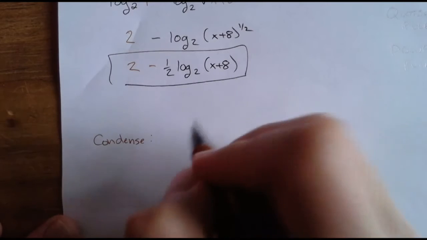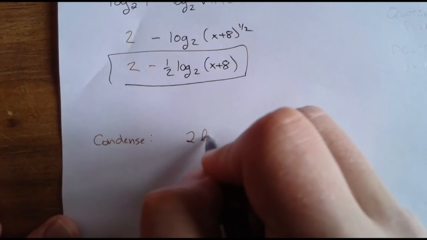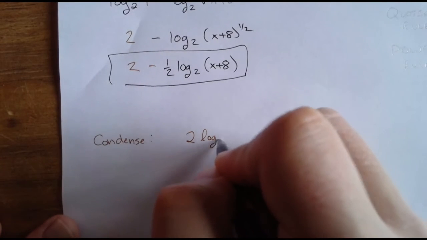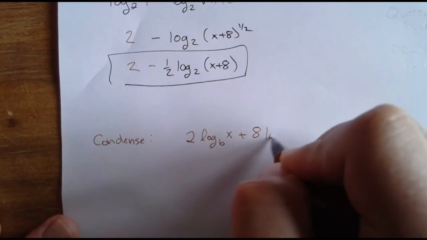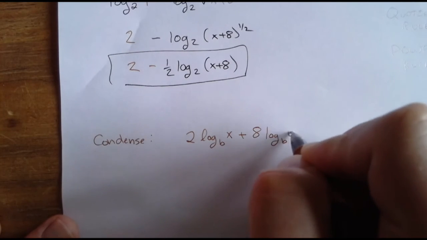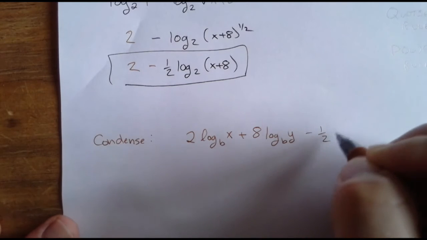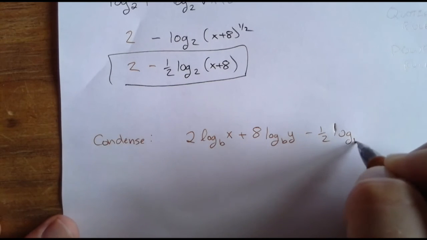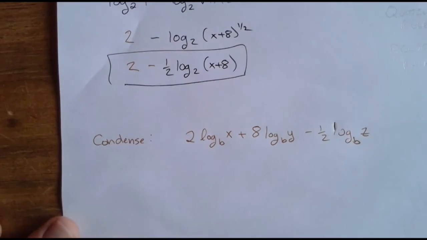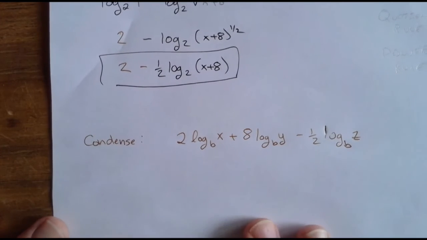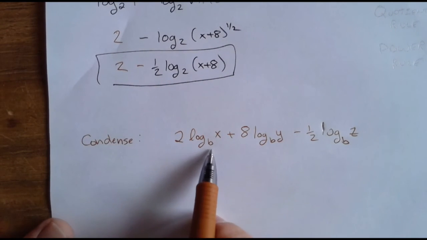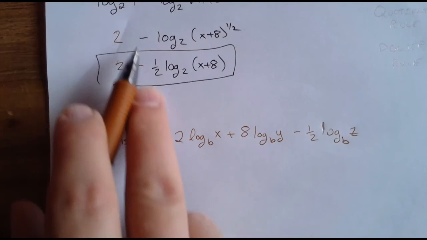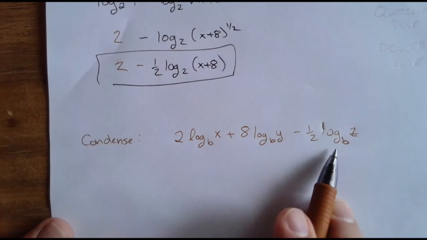In this case, what we're going to do is bring it back into one logarithm. The first thing you notice is that the bases are the same for all of these. What we'll do is this multiple is going to end up being an exponent for the x, this 8 is going to be an exponent for the y, and this 1/2 is going to be an exponent for the z.